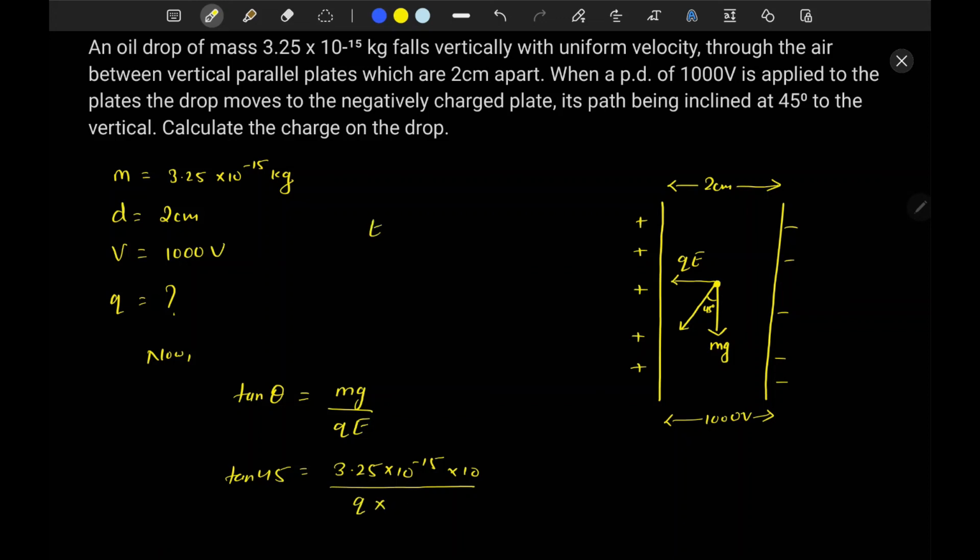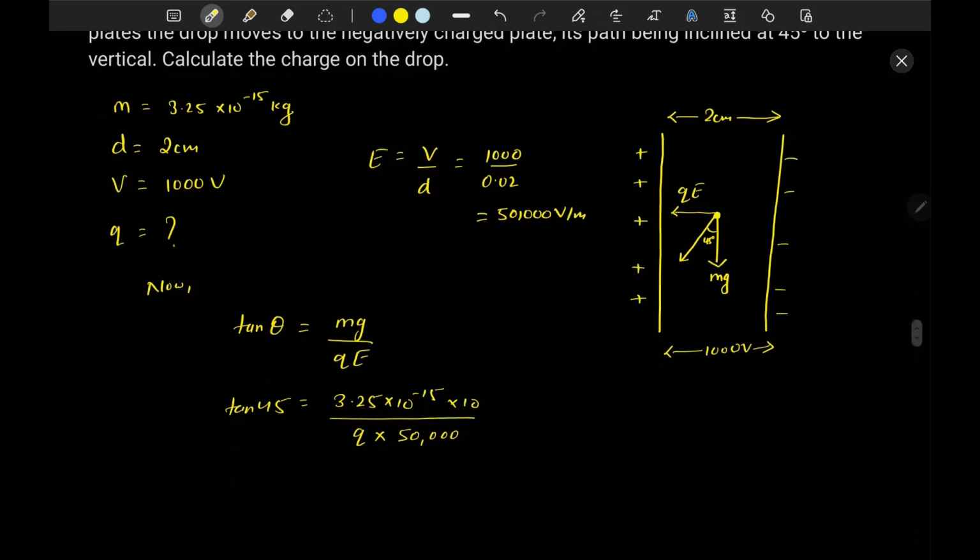Electric field we can calculate as V by D is equal to 1000 by 0.02, that is 50,000 volt per meter. So here electric field is 50,000, so Q into 50,000 is equal to 32.5 into 10 power minus 15.